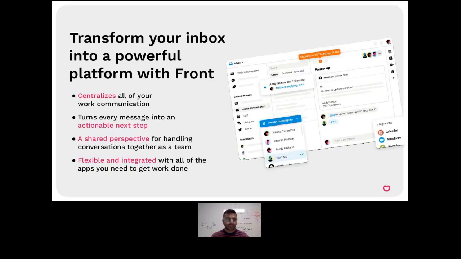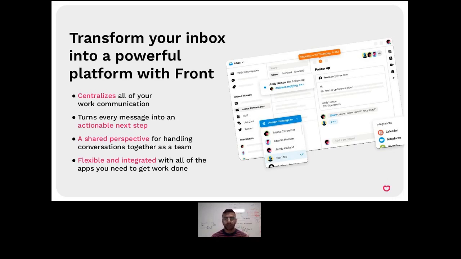So with Front, you can transform your inbox into a powerful platform. You can centralize all of your work communication, right? And so if you're using social like Facebook and Twitter to communicate with customers, if you're using chat, if you're using text messaging. I know a lot of logistics supply chain companies are now starting to use SMS, right? We can integrate with SMS.